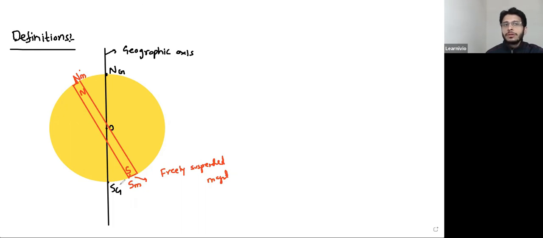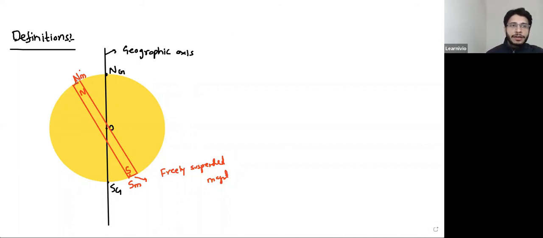We call this pole north just because it is near the geographic north. We should not have any confusion in giving direction. Just to avoid confusion, we write this as magnetic north, and this is geographic north. But actually its properties are the same as that of a magnetic south pole.